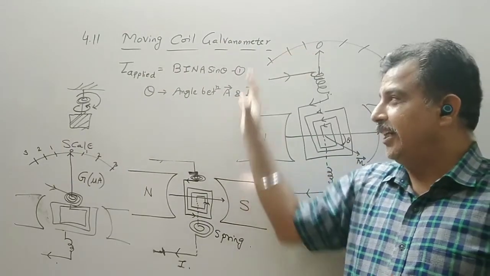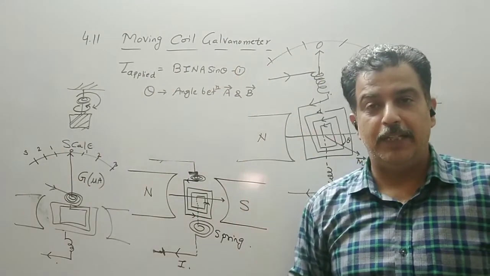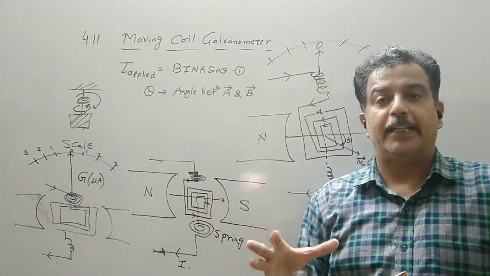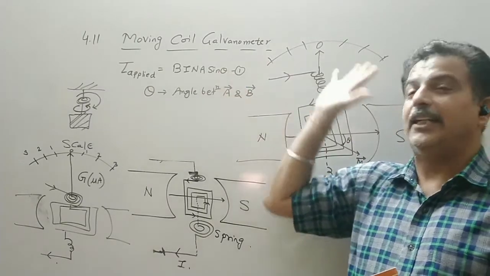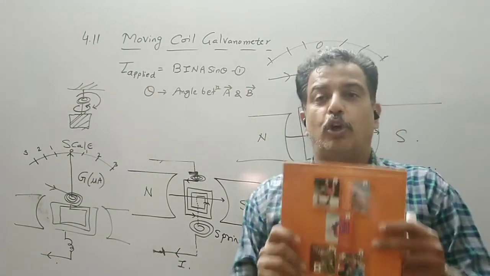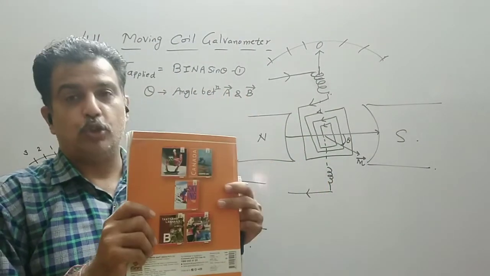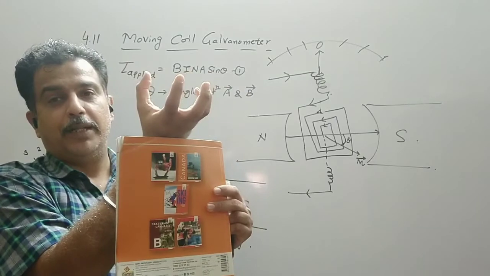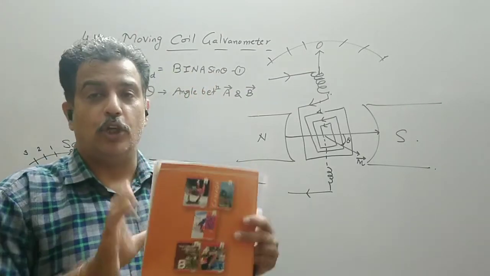So we want to eliminate this theta, meaning we will create a magnetic field in such a way that the angle between the area vector and the field always remains 90 degrees, that is, maximum torque acts on it. But when 1 ampere current is passed, it should stop. So this spring is compressed, doing work against the applied torque.